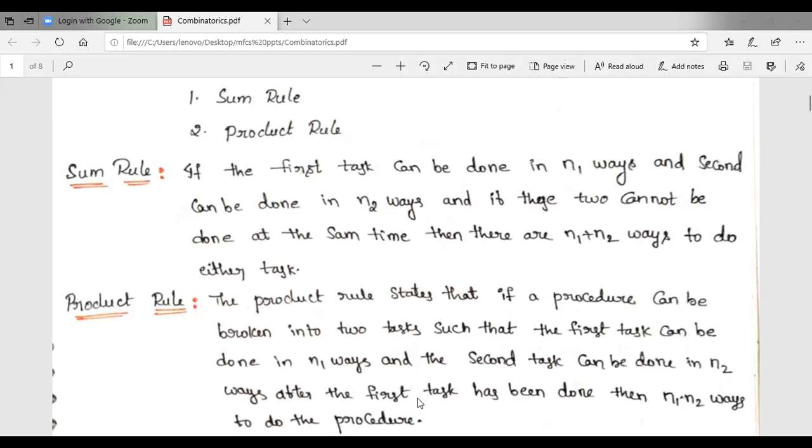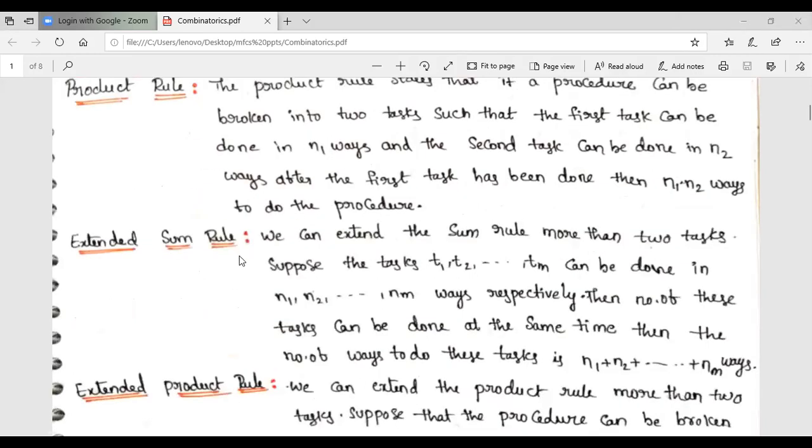Next one, extended sum rule. We can extend the sum rule to more than two tasks. Suppose the tasks t1, t2 and so on tm can be done in n1, n2 and so on nm ways respectively, and no two of these tasks can be done at the same time.